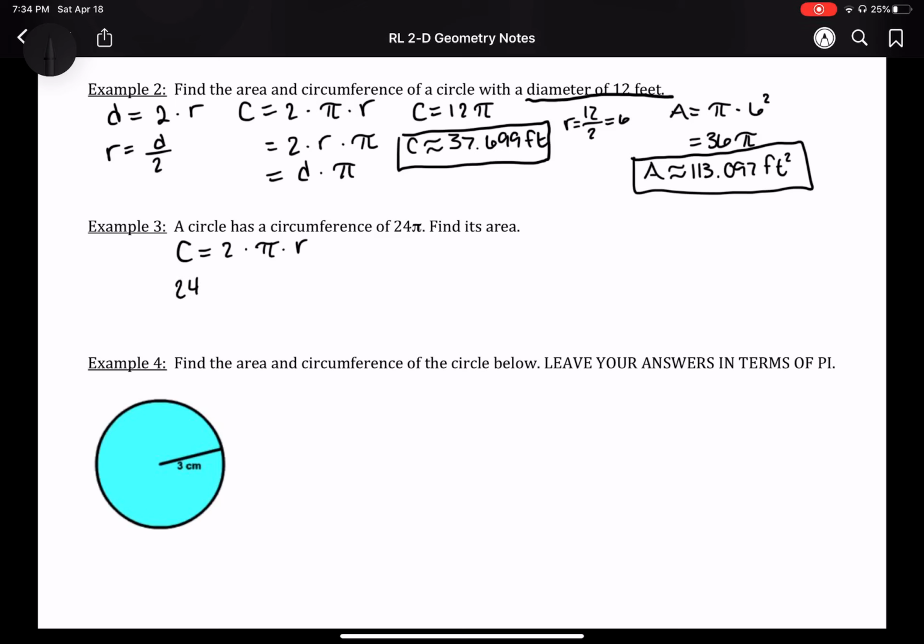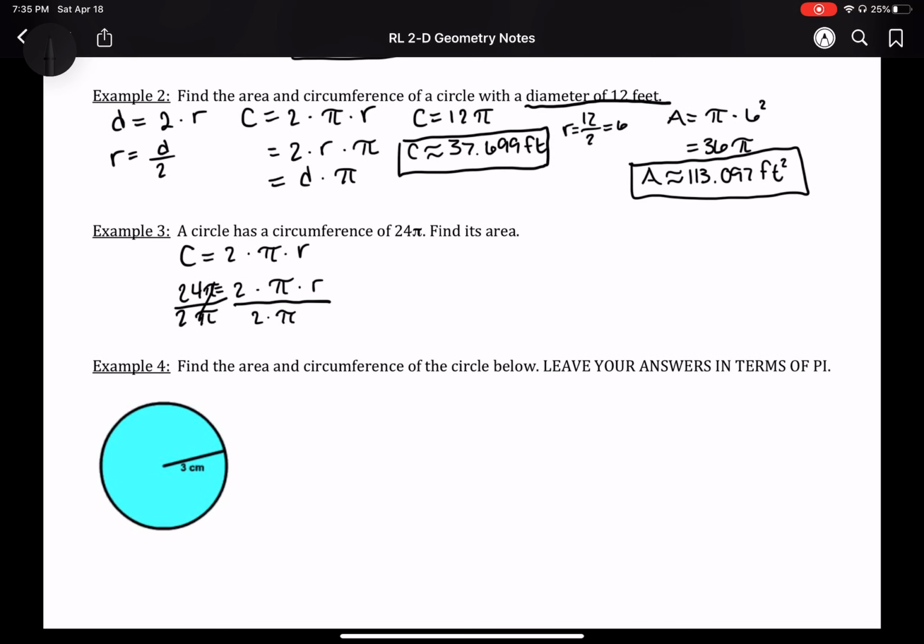So I have 24 pi is equal to 2 times pi times r. I'm going to go ahead and divide out 2 pi at the same time to get the radius by itself. So 2 times pi, dividing out on both sides. The pi's cancel out. 24 divided by 2 is 12. That means that my radius is equal to 12.